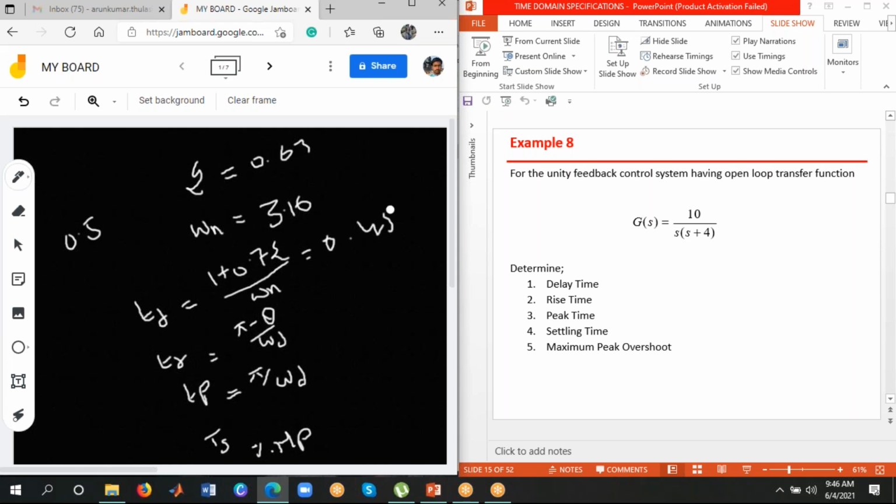Okay, no problem. Then find this value, and here first of all you need to find the theta value. Theta is equal to tan inverse of square root of 1 minus zeta square divided by zeta.